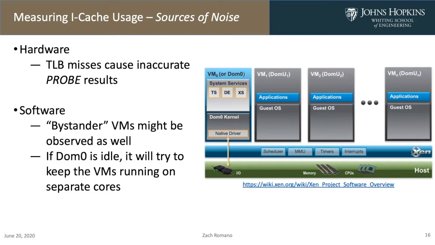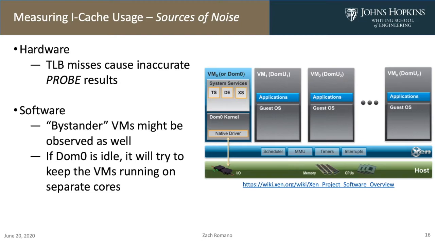Another software source of noise is that Xen, the hypervisor, has a tendency to schedule different VMs on separate cores, in order to avoid this sort of attack. What we can do to get around that is that there's an administration VM that runs on Xen, which is what allows cloud providers to control the hypervisor and control which VMs are running on it.